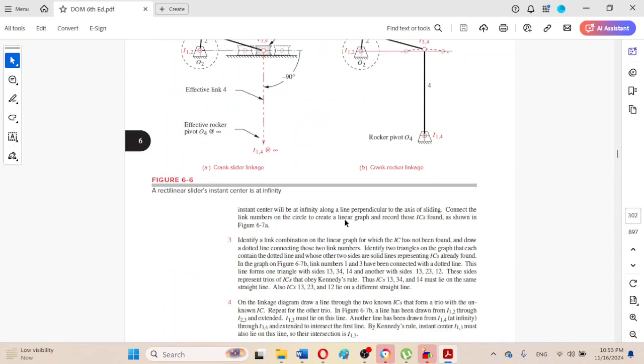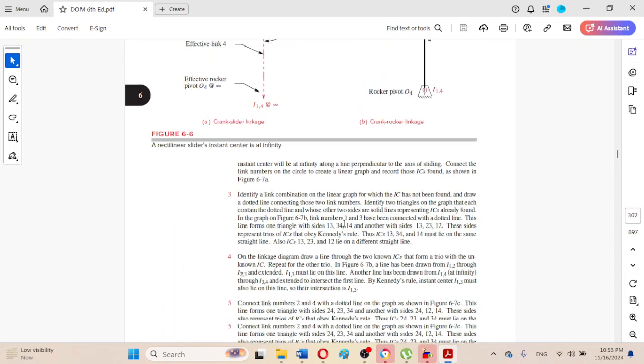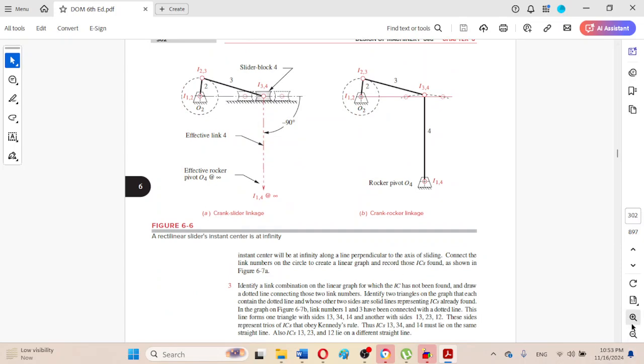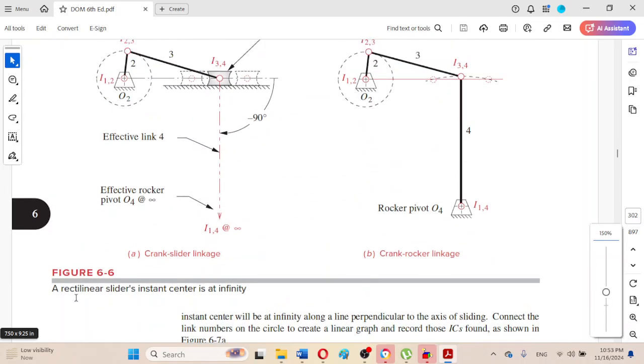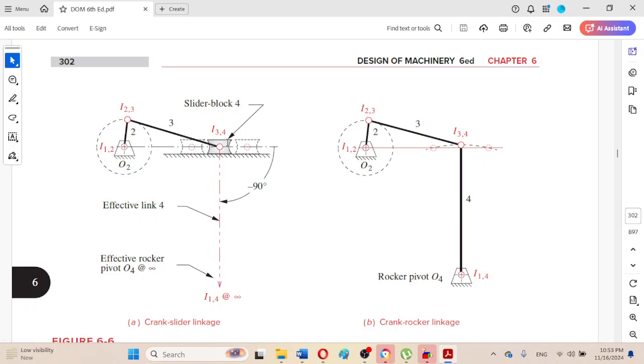In this figure 6-6, the non-offset slider crank chain has been shown.